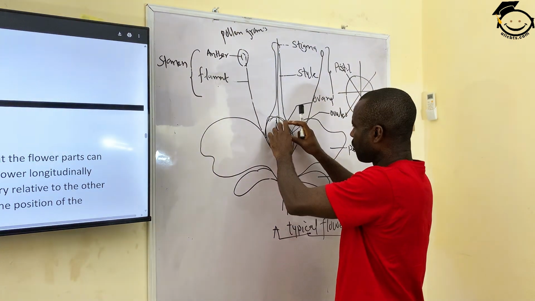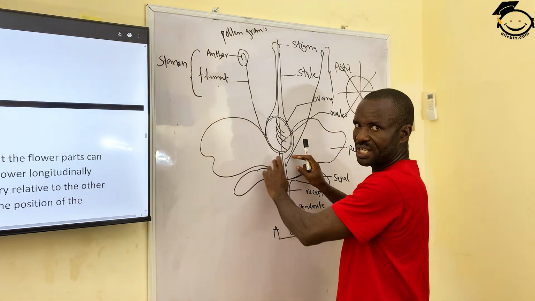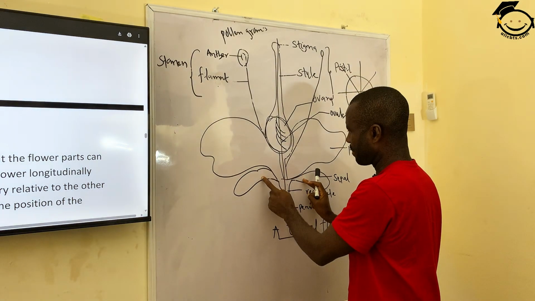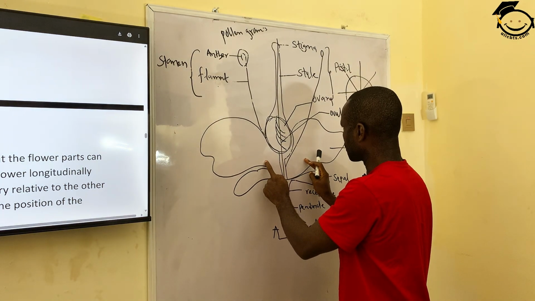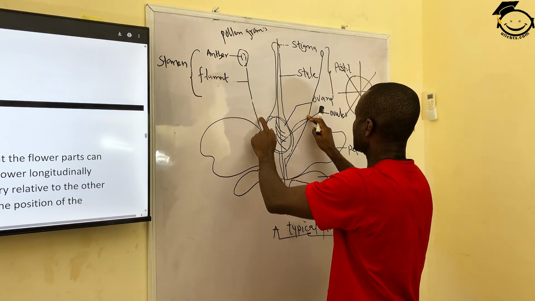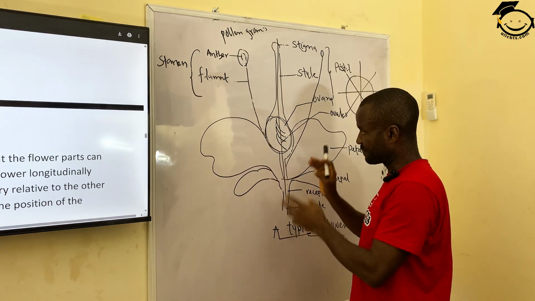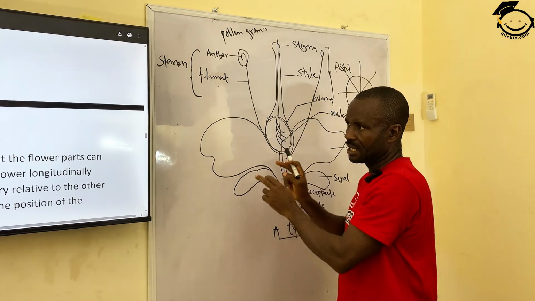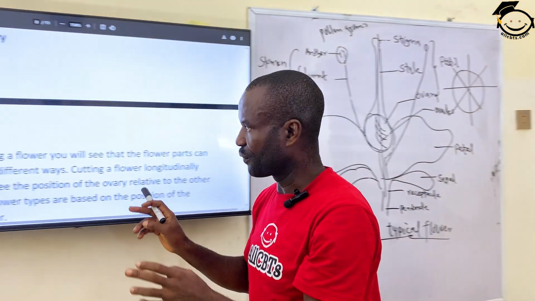In some flowers, the ovary can be seen in between the floral parts. I'm sure you know what I mean by floral parts: this ring, the sepal, the corolla, the anther, which is the stamen, and the pistil. These 4. So the position of this ovary can be defined in the following way.